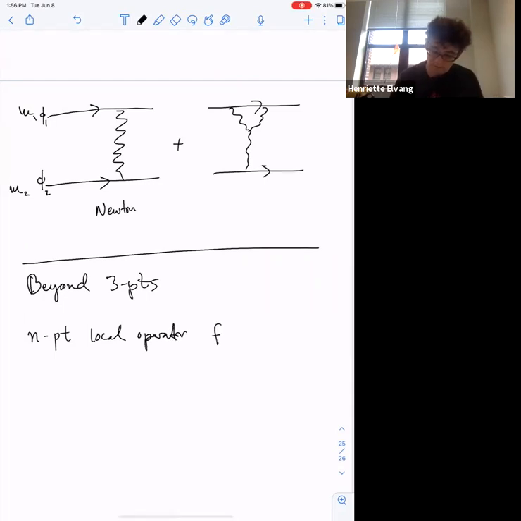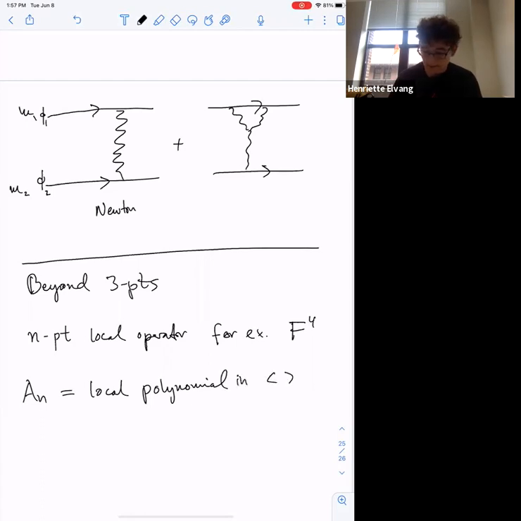For example, that could be trace F to the 4 or an abelian F to the 4 or something like that. So how would I go about doing this? What would be the n-point amplitude that I would get out of it? This would have to be some local, meaning no poles. So the matrix element of that is some local polynomial in the angles and square brackets.